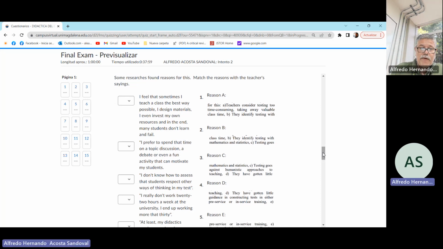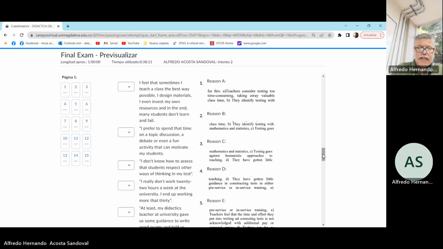They identify testing with mathematics and statistics, and there's one option that says, I am a language teacher, that's it, or I teach people how to communicate. Testing goes against humanistic approaches to teaching. There is one option in which I say, how can I evaluate that students can understand other points of view or other ways of thinking with testing? And that is true. This is one of the disadvantages of it.